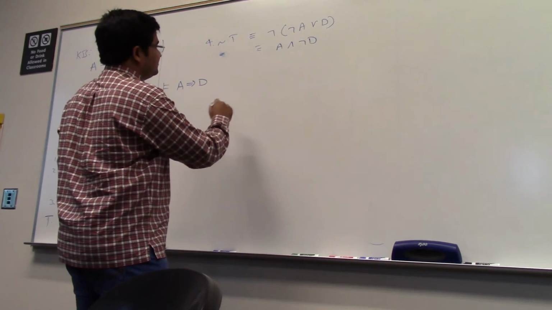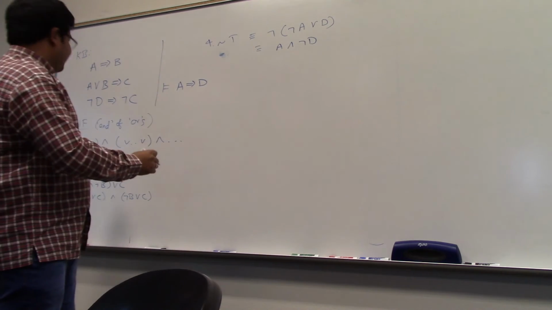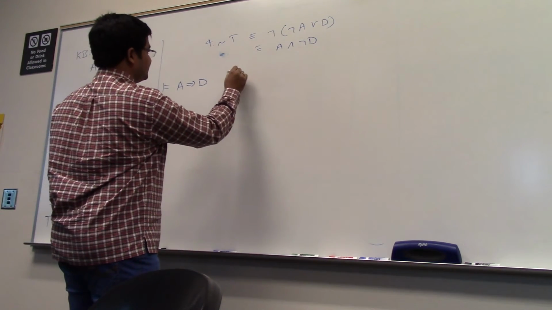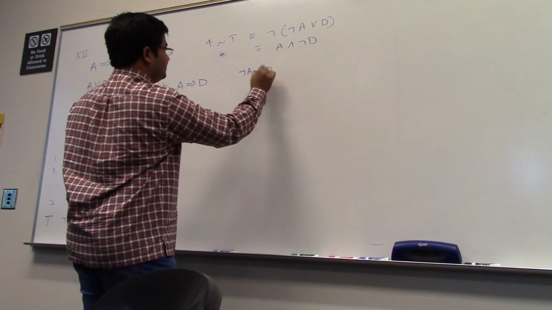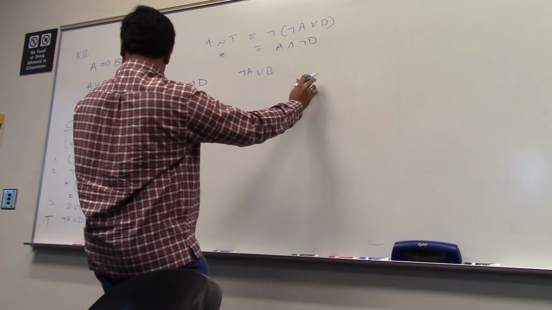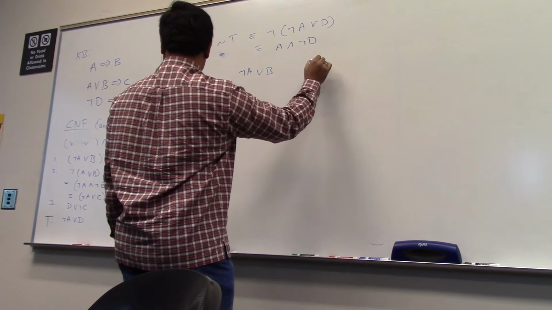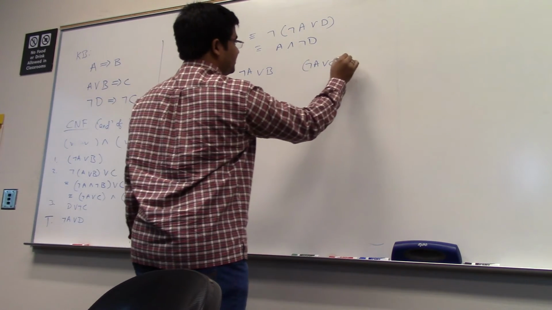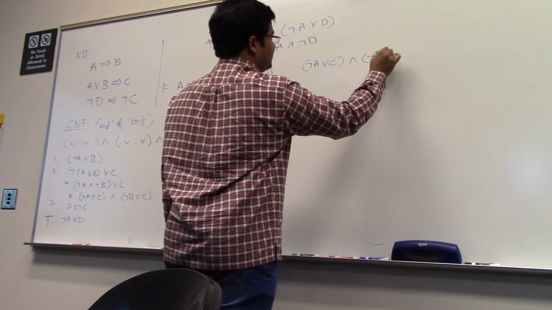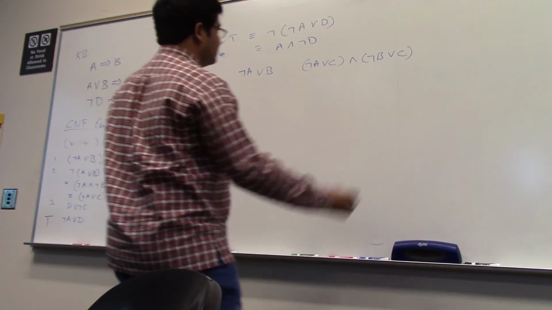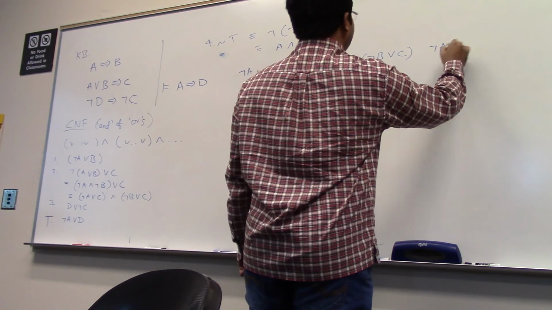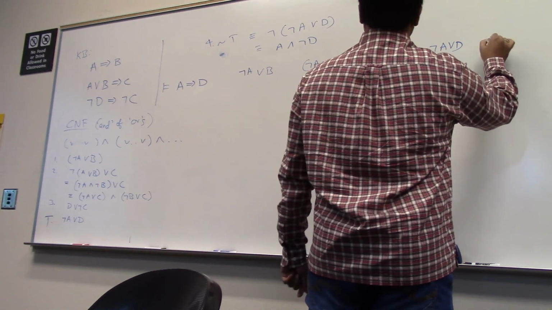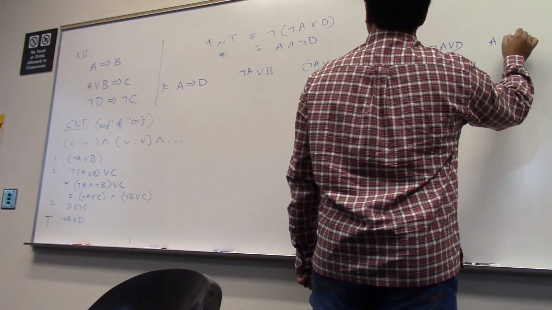We write down all the CNF formulas: not A or B, not A or C, and not B or C, not A or D, and A and not B.